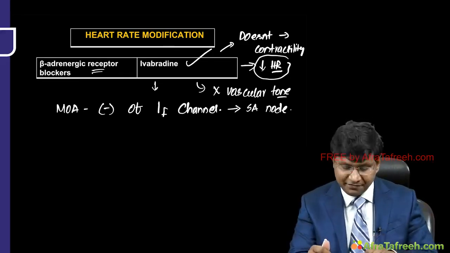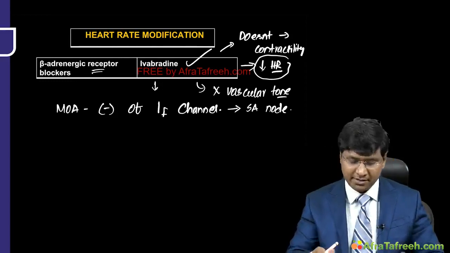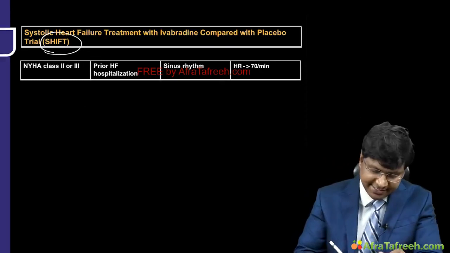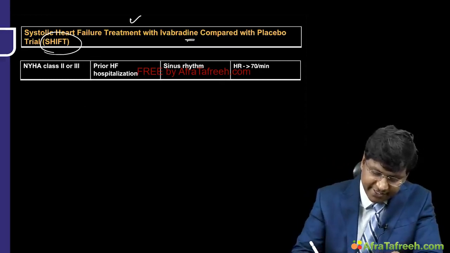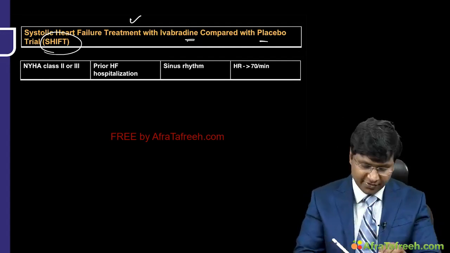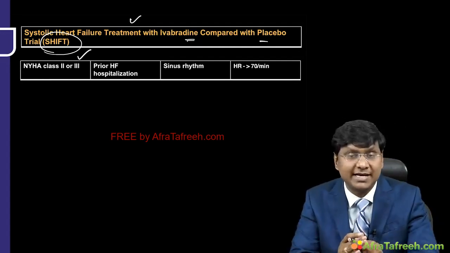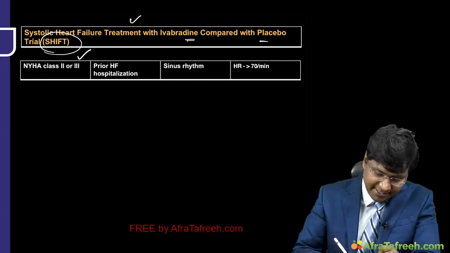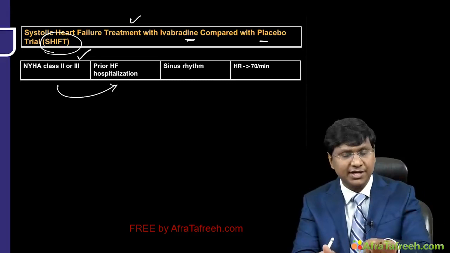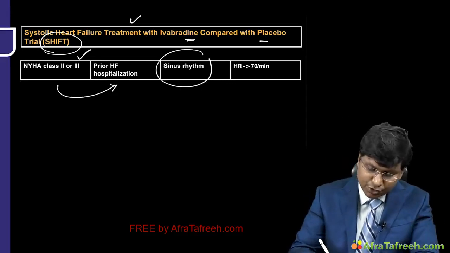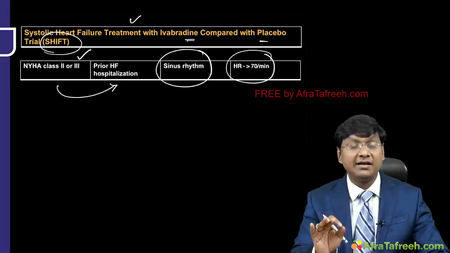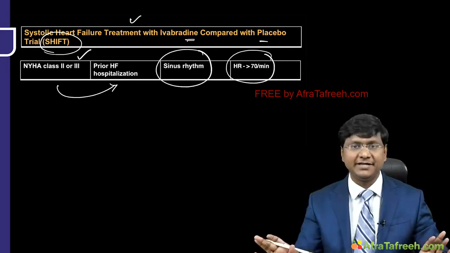Now for ivabradine, we have a trial called the SHIFT trial. What is this SHIFT trial? That is Systolic Heart Failure Treatment with the If inhibitor ivabradine compared with placebo. In this trial, ivabradine was given in patients with NYHA class 2 or class 3, with a prior heart failure hospitalization history, in sinus rhythm, and with a heart rate more than 70 per minute.